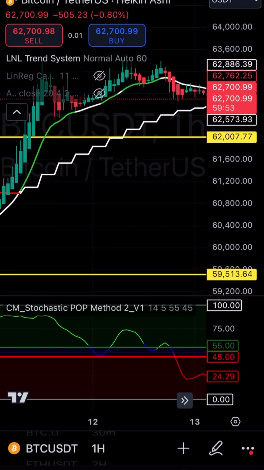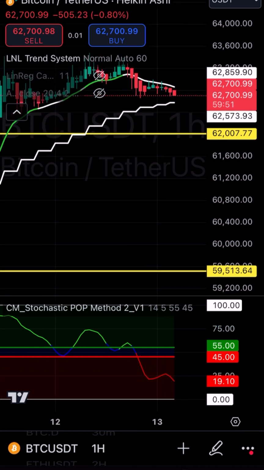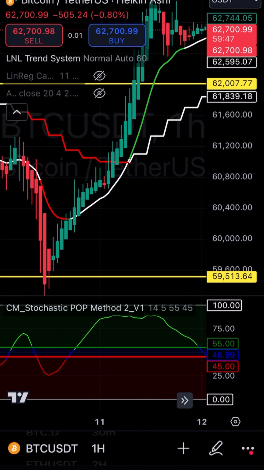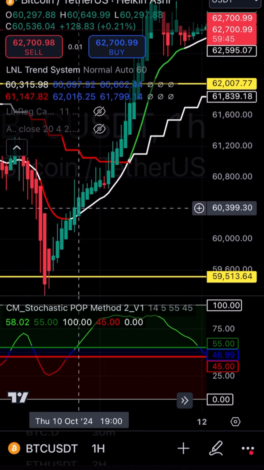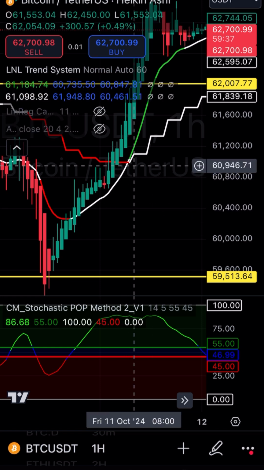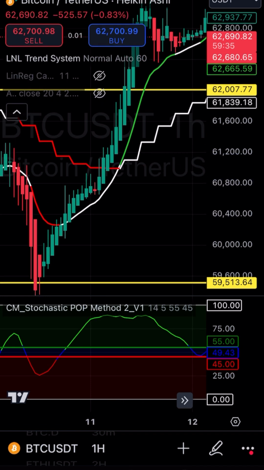So what you want to look for basically is two different things. I want you to pay attention to this line right here. I'm not sure which line that one is, but there's two entry points that you can get in. The first one you want to see is if they cross. Now, focus on longer time frames for the best results.